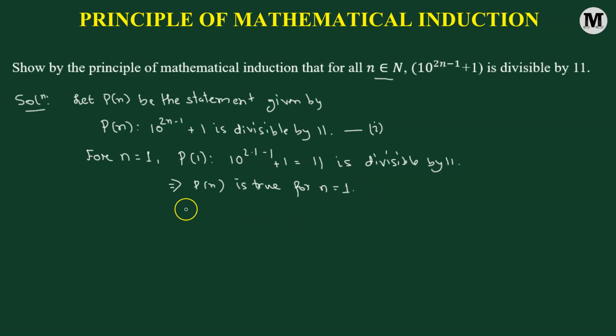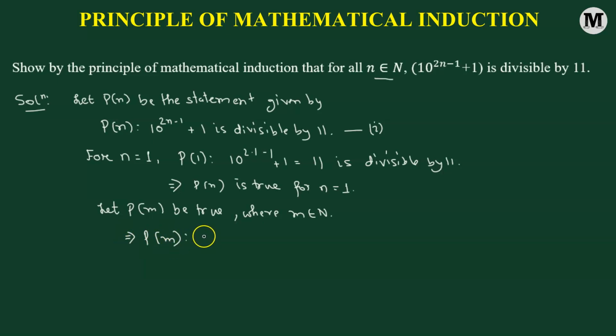Now in the next step, we're going to assume that, here we are choosing another natural number m, let P(m) be true, where we are choosing m to be some other natural number, right? Now, this implies that P(m), we have to rewrite our statement.